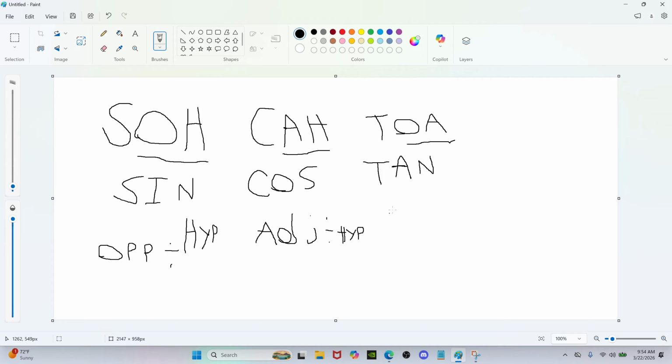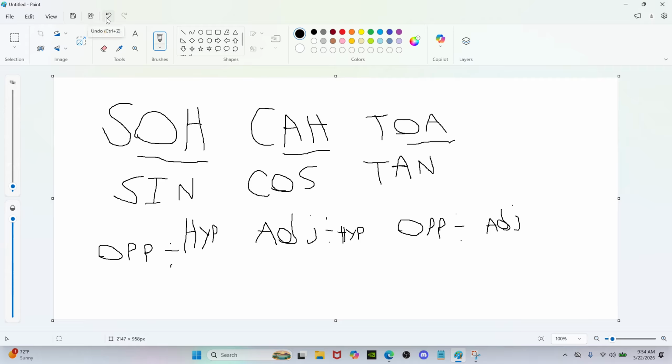And then for tan, we have our opposite divided by the adjacent. And just pay attention to this. You can just pause to write this down or just screenshot it, whatever you want to do.